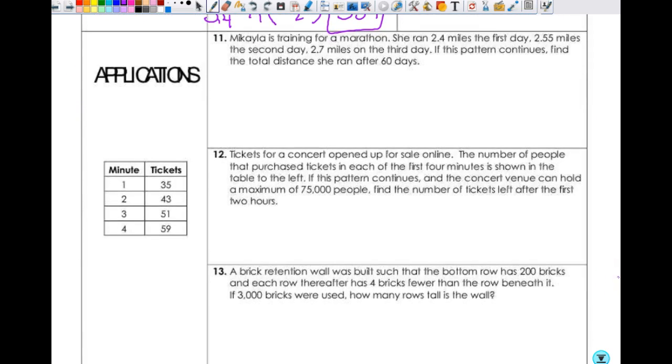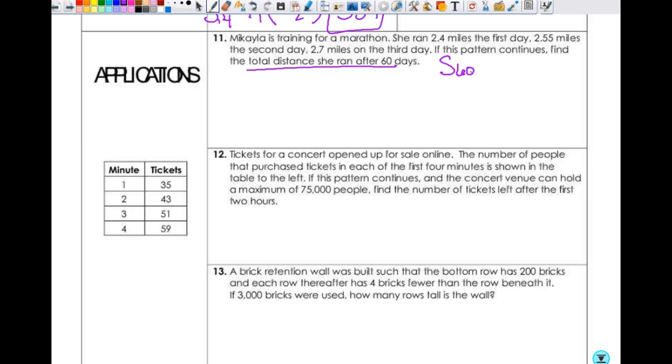We'll do number 11. It says, Michaela is training for a marathon. She ran 2.4 miles the first day, 2.55 miles the second day, 2.7 miles the third day. If this pattern continues, find the total distance she ran after 60 days. So that means we want the sum of the first 60 days. We're not going to have to work out all 60 days.